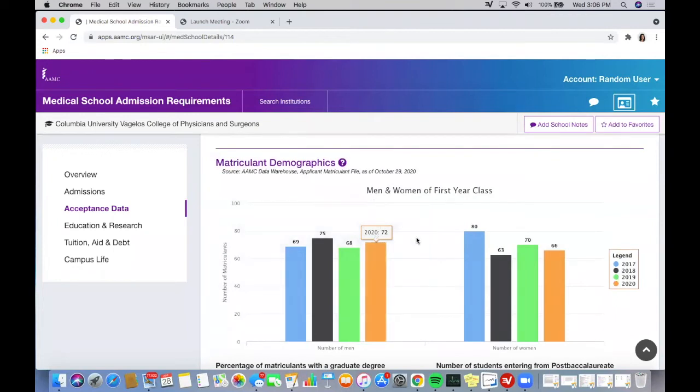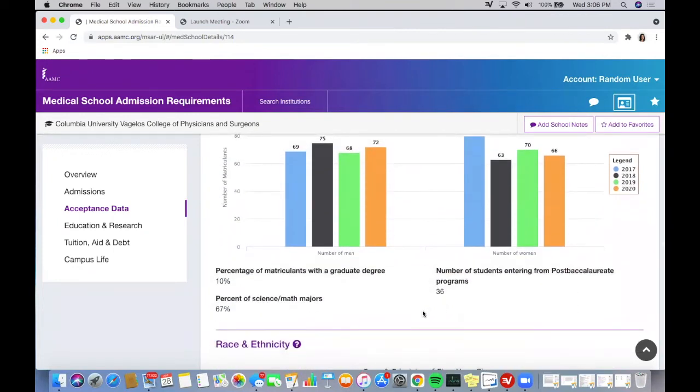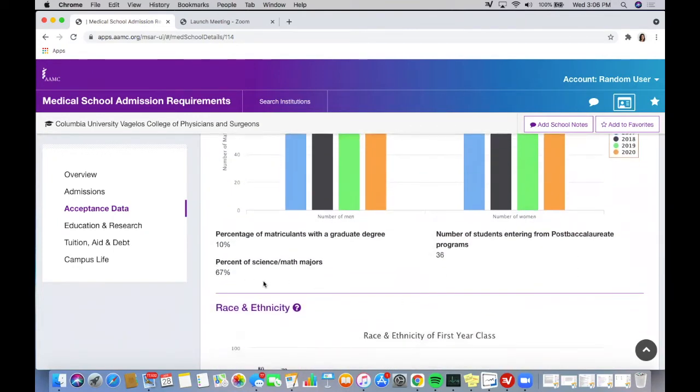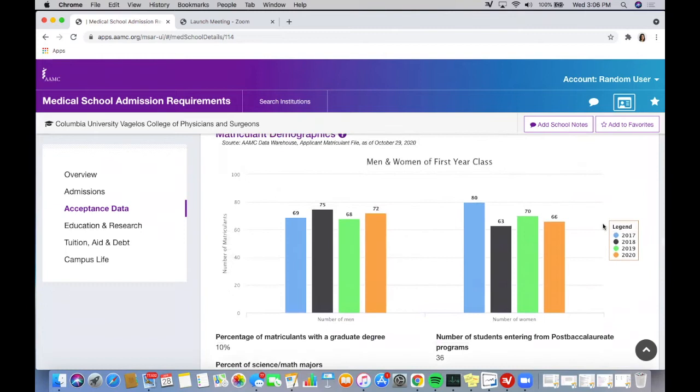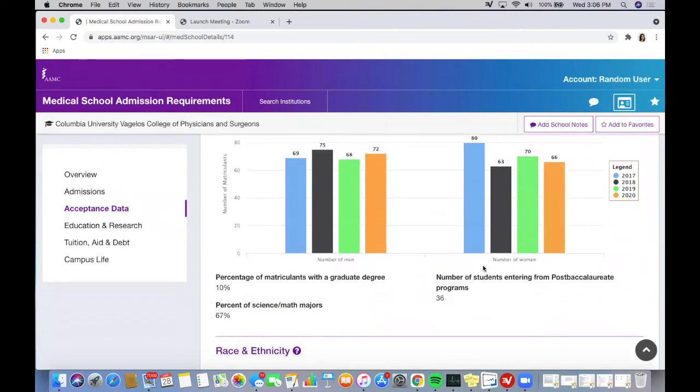Then you can look at some matriculant demographics. You can find out what percentage of students were science math majors, what number of students entered from the post-baccalaureate programs. And so, for each school, these categories are going to be a bit different.